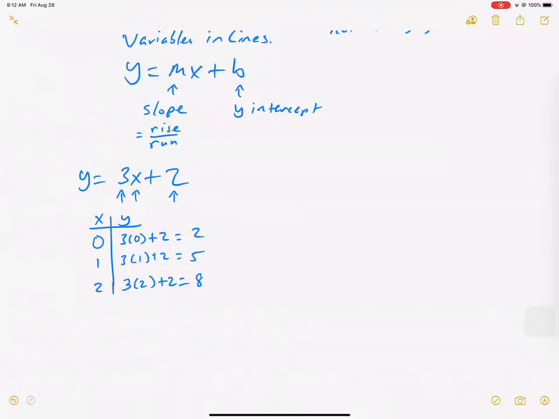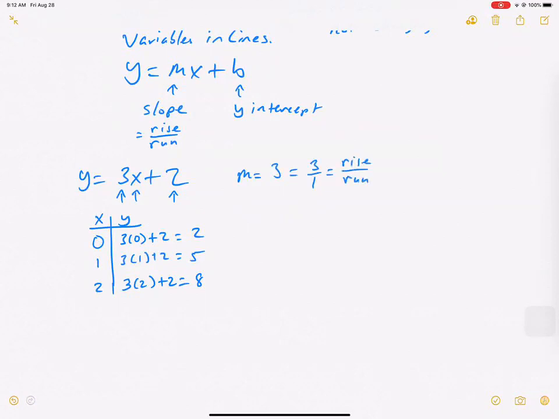Now, we've done a bunch of tables like this, and you guys have seen it before. But again, I want to draw back to what is really going on here. Now, the slope we said was 3, and this could be rewritten as 3 over 1, which is rise over run.